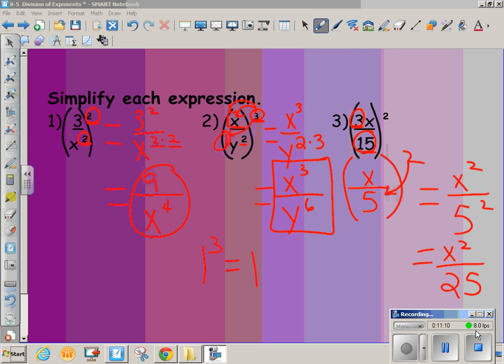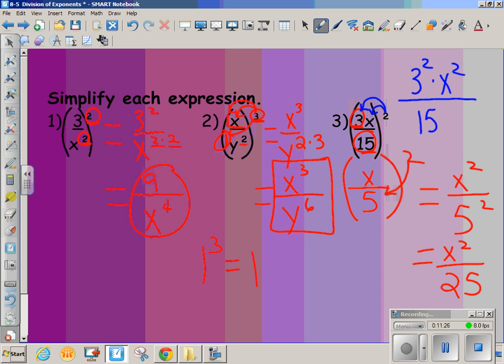So instead, I would apply the 2 to the 3. So I'd have 3 raised to the second times x raised to the second, because we talk about the distributive property being very generous. It wants to be a part of everything that's going on. And then that would be all over 15 raised to the second power. All right, well then our numbers become a lot larger, but we're still going to get there.